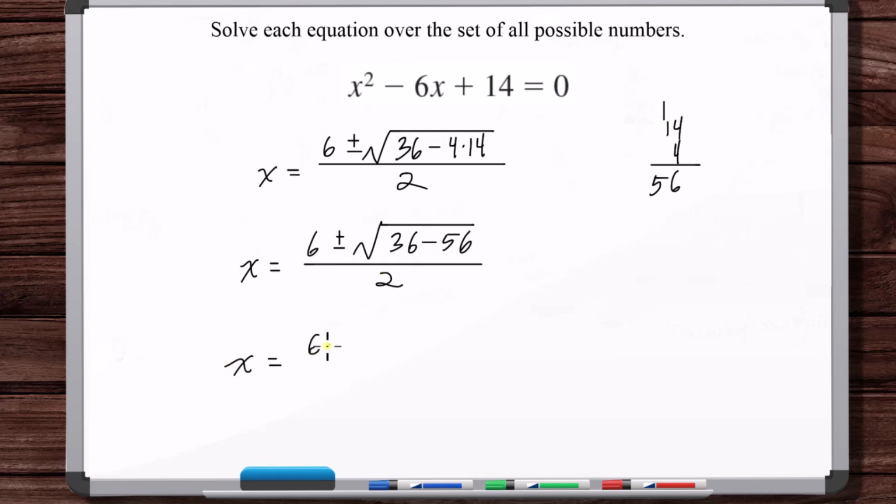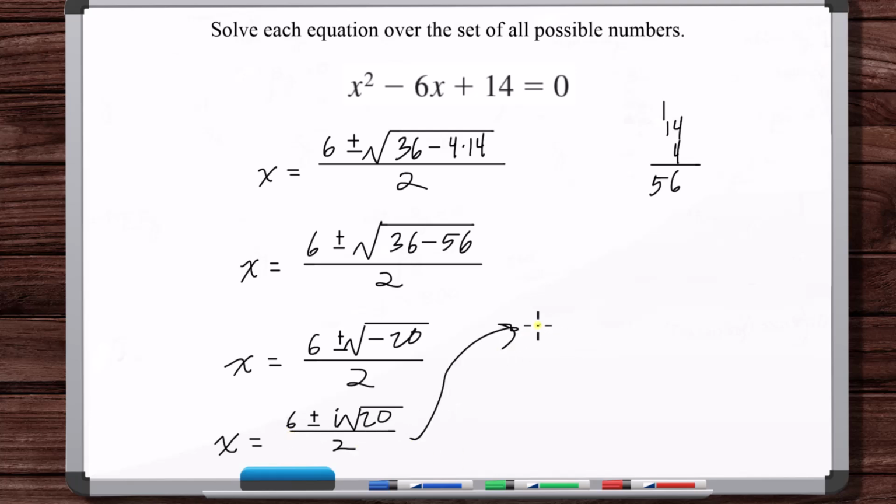So 6 plus or minus i root 20 over 2. 4 times 5 is 20. So we've got 3 plus or minus i root 5.